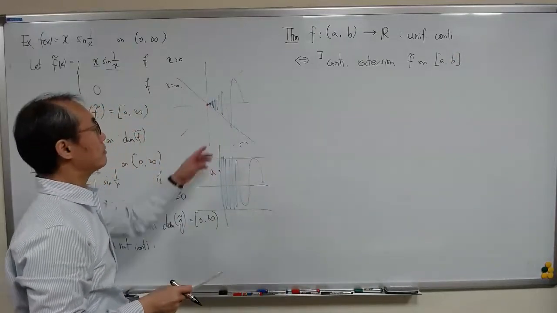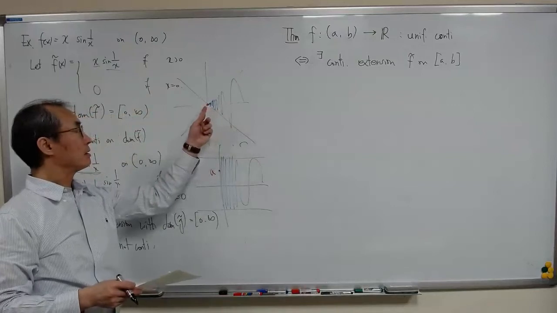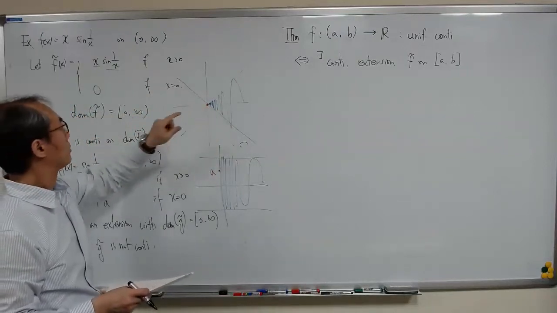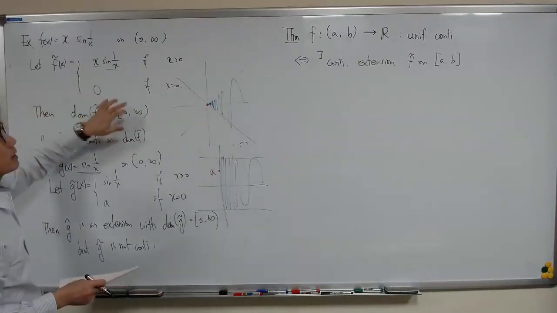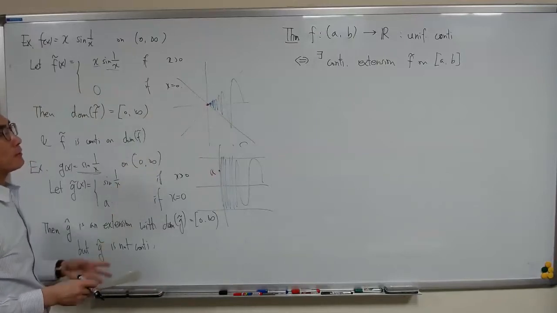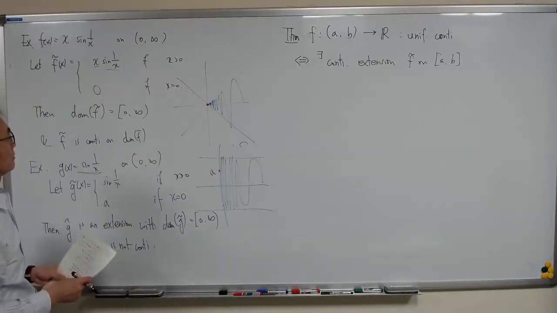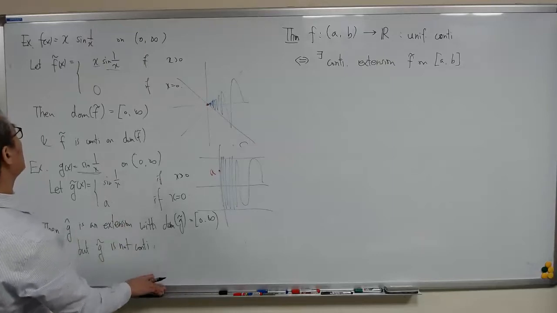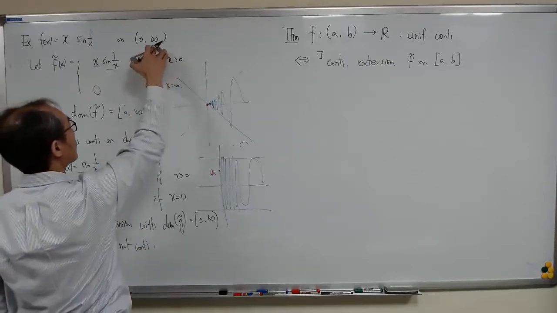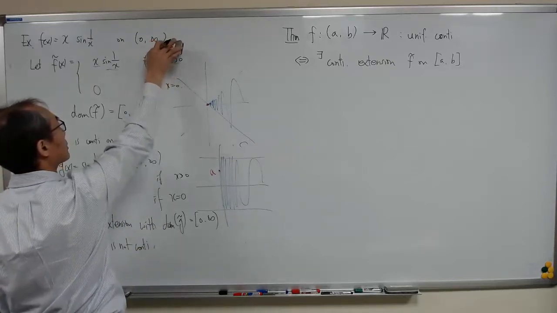So if you can extend the function to be continuous at the endpoints, then the function is uniformly continuous.